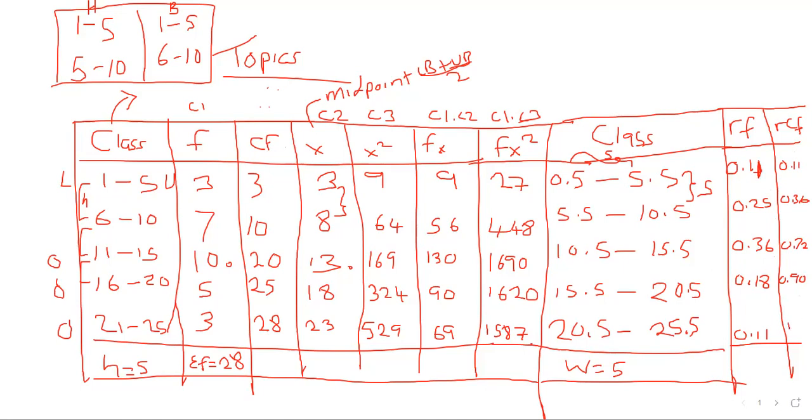And the last one is supposed to be 1.00. Or you simply say 3 out of 28, then you go to 10 out of 28, then 20 out of 28, 25 out of 28, and 28 out of 28. So the final answer must be 1, because it's 28 out of 28.